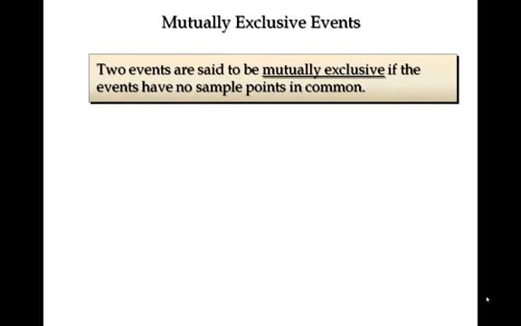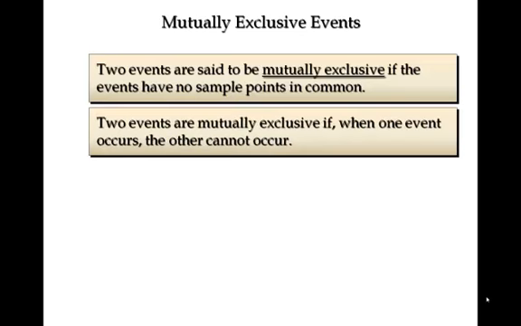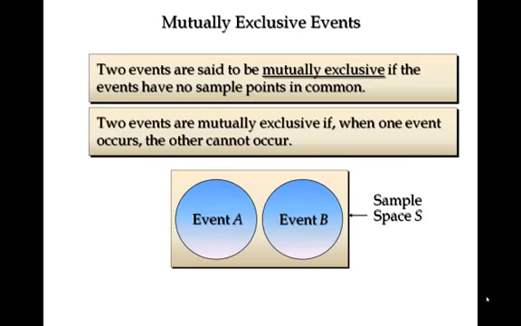Now we come to the notion of mutually exclusive events. Two events are mutually exclusive if the events have no sample points in common. They're mutually exclusive if when one event occurs, the other cannot also occur. These are two mutually exclusive events because the two circles have no intersection.